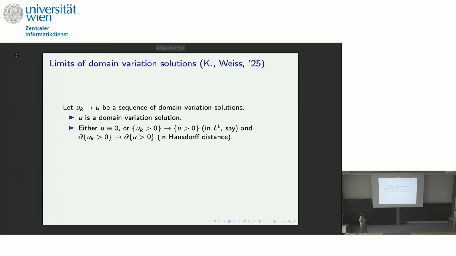And the reason it's always the case is because I have a further thing here. Either the limit is identically zero. You should assume that the domain in which everything's set is connected here. It's actually true. So either the limit is identically zero, or the positivity set converges to the positivity set of the limit, and the free boundary converges to the free boundary of the limit.